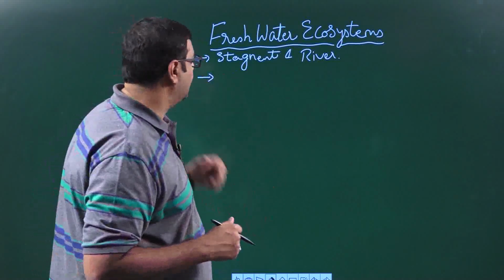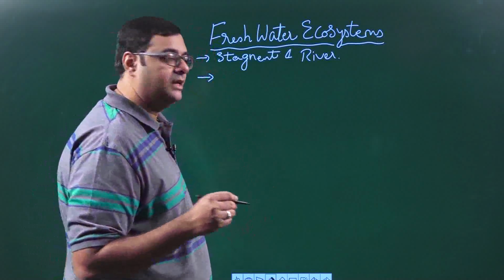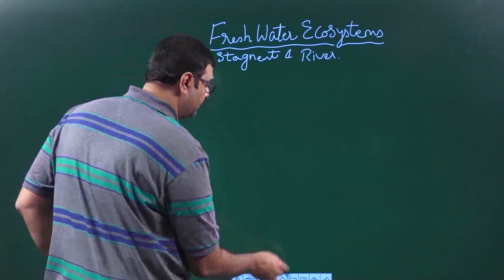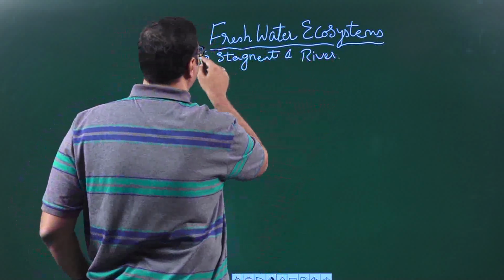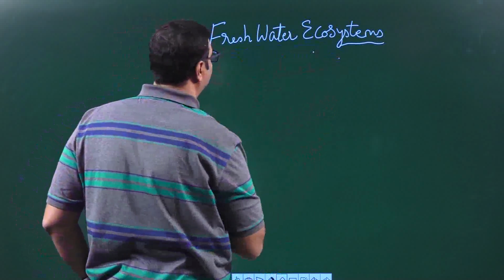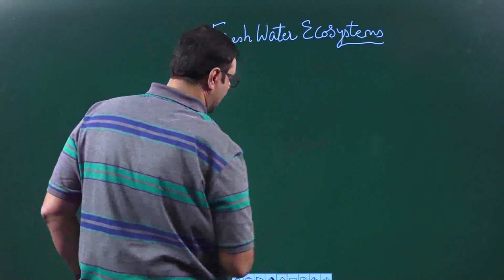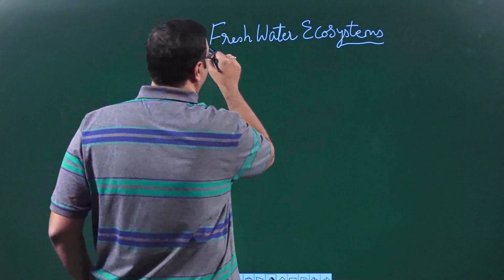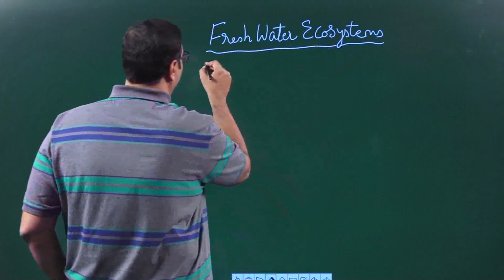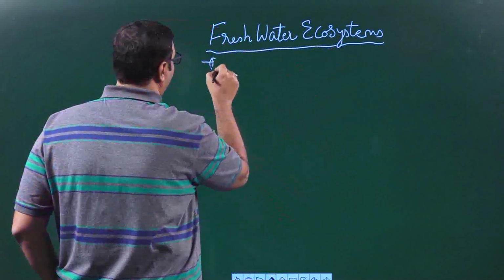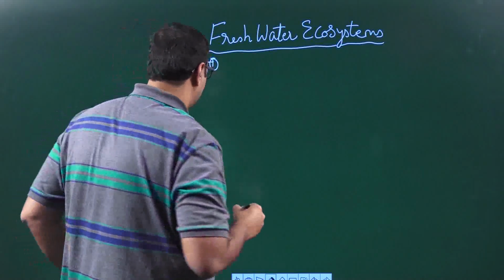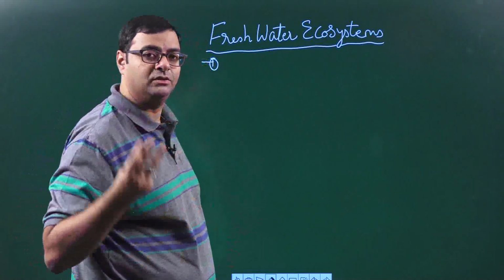Now let's go to the types of ecosystem which are observed in the river and in the stagnant waters. These are also divided into three zones.